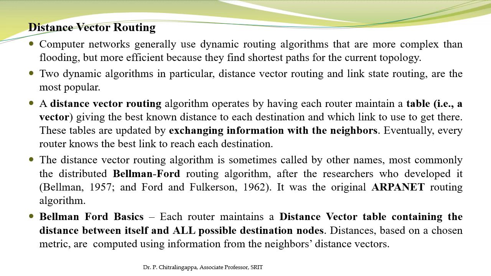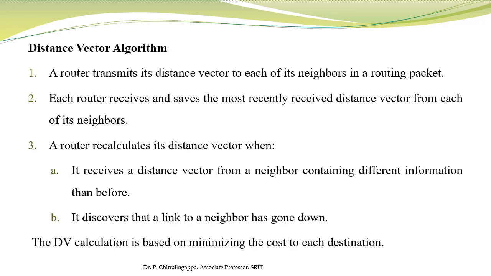Bellman-Ford basics: each router maintains a distance vector table containing the distances between itself and all possible destination nodes. So this is the algorithm for distance vector routing. A router transmits its distance vector to each of its neighbors in a routing packet.